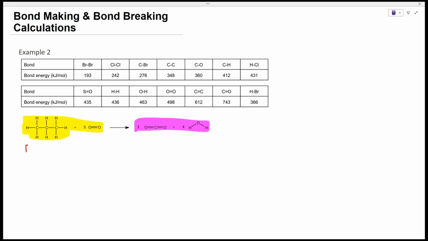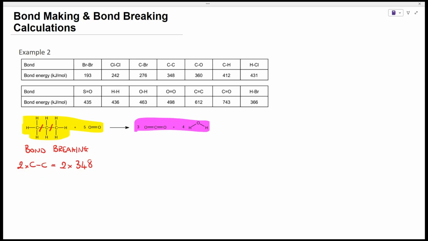So the first thing we've got on the reactant side is our bond breaking. So remember, this will be a positive value. So first of all, if you look at the carbon to carbon single bonds, I've got 2 of them, which is equal to 2 multiplied by 348.